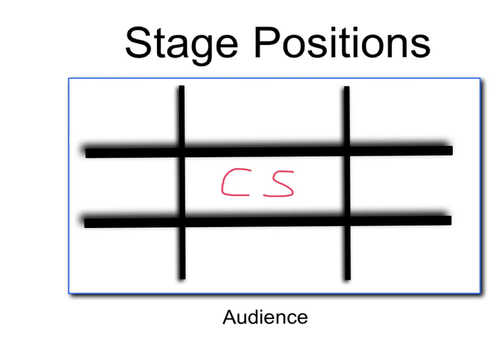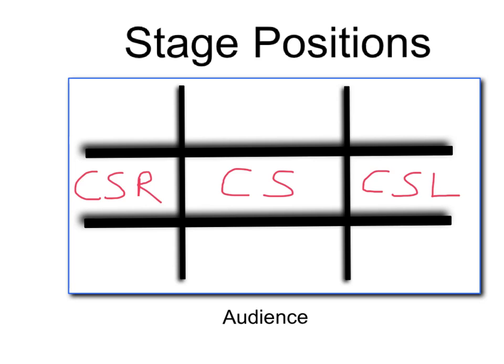If we move our actor to the left or right, in this case we'll start with the left, we can say that this actor moves centre stage left. If he moves to the right, we can go centre stage right. So we've got our abbreviations for those three areas of the stage.